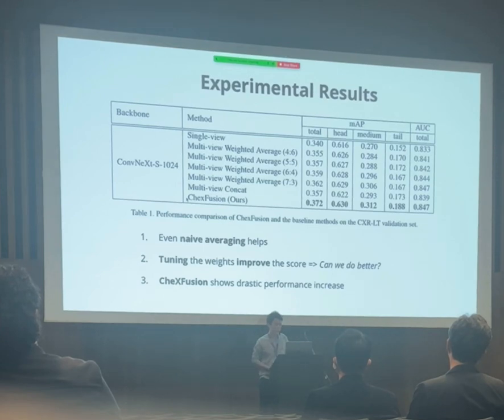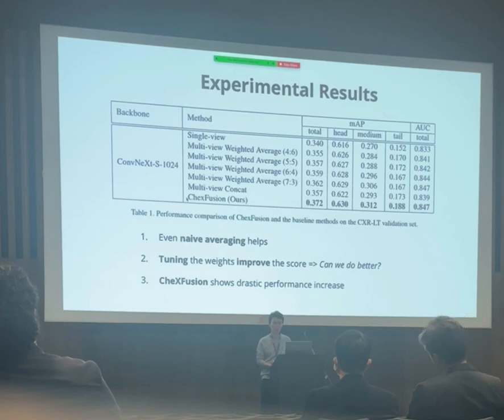And some experimental results. A natural idea for fusing multiple views is to take a naive average of single view models trained on each image. And we showed that even naive averaging helps compared to a single view model. Expanding further from these results, we thought about tuning the weights for each of the models to improve the score.